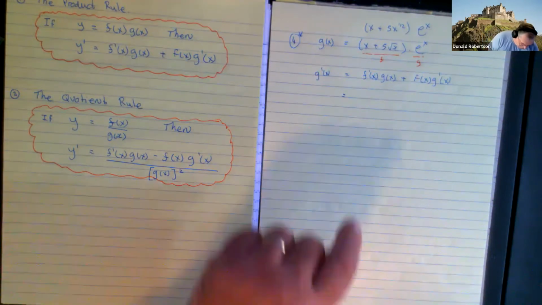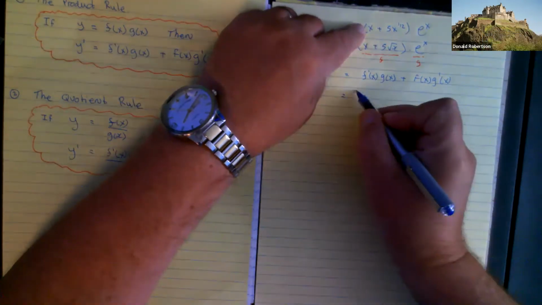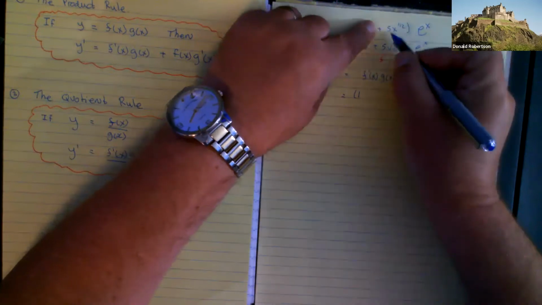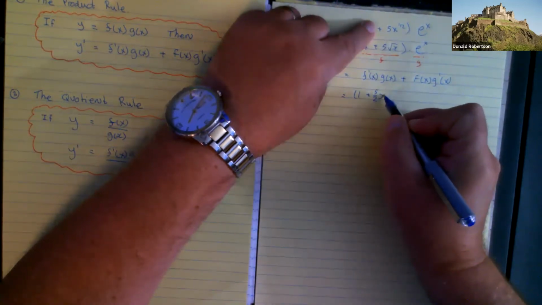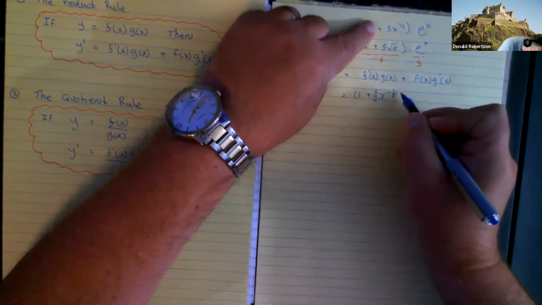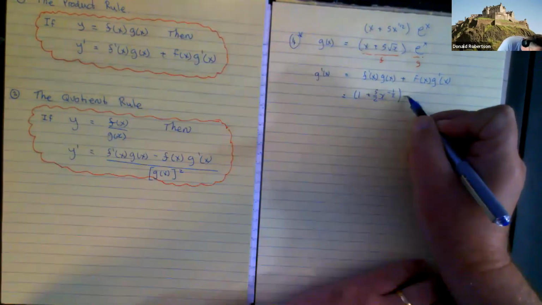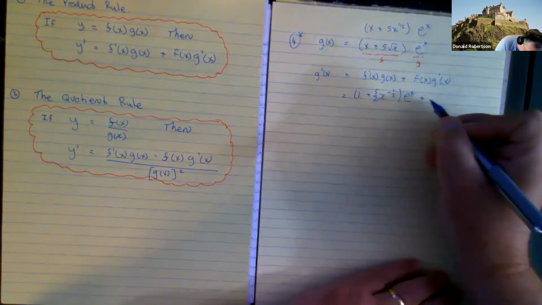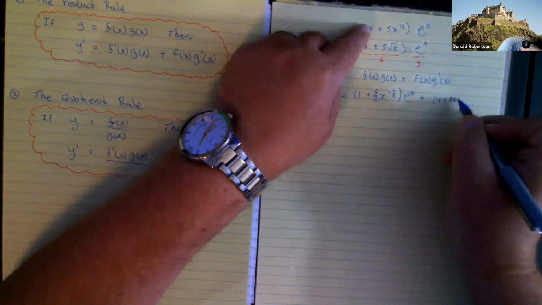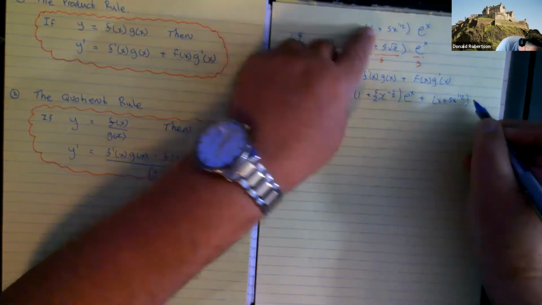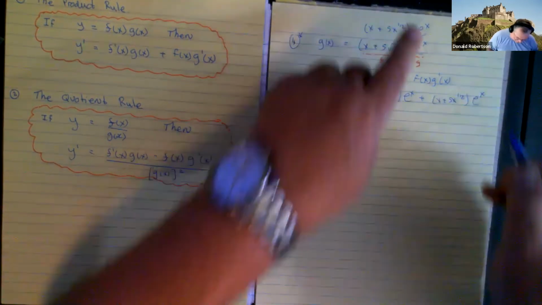So I want to differentiate that. I'm going to get 1, and then I'm going to have to do the power rule: multiply by the power, reduce the power by 1, and then leave that guy alone, plus leave this guy alone, and differentiate e to the x, which is e to the x.